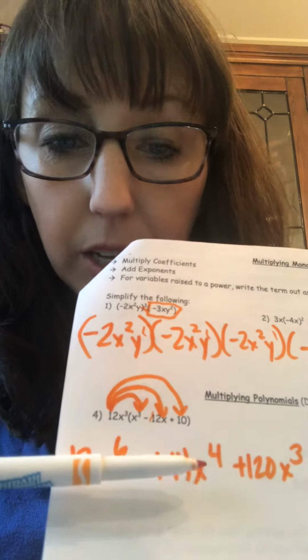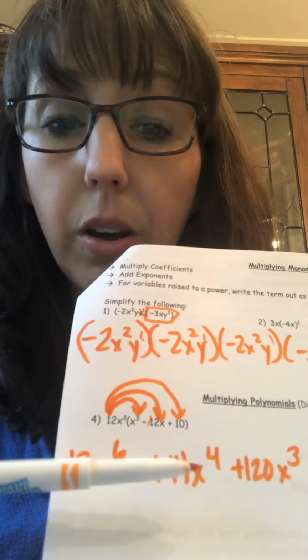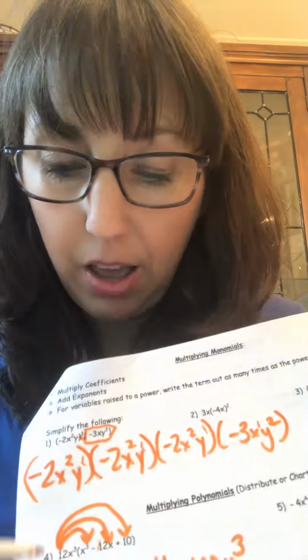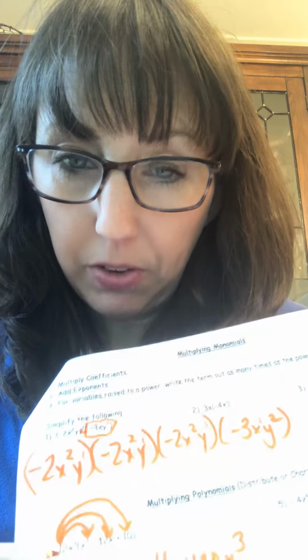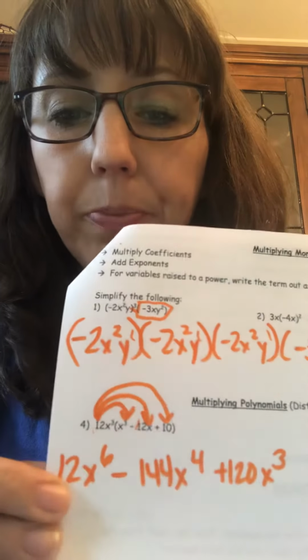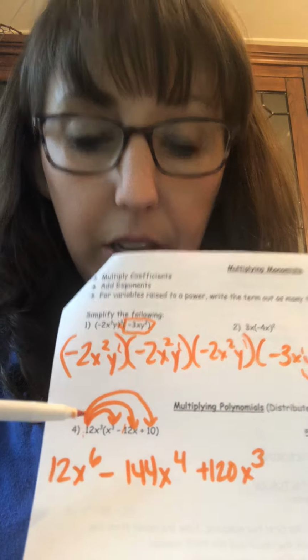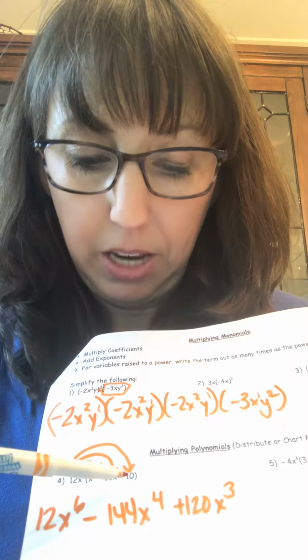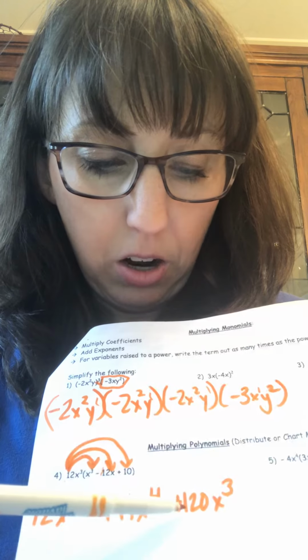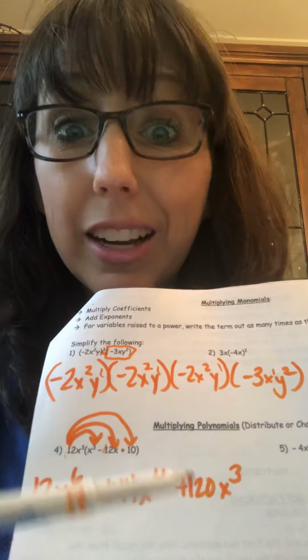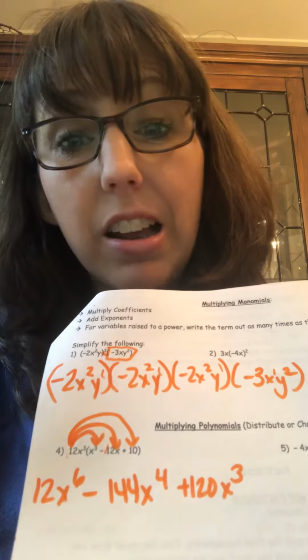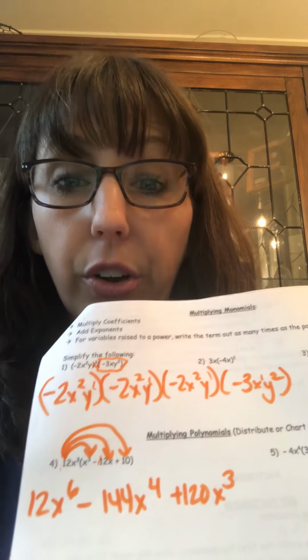Well, I add those exponents. It was a lazy mathematician 1, and that gives me x to the fourth. And then I do it again. I take 12x to the third times 10, and when I do that, I got 120. And then remember, if there was no x there, that's okay. You take what's there and you multiply it in there. So that's why it's x to the third.